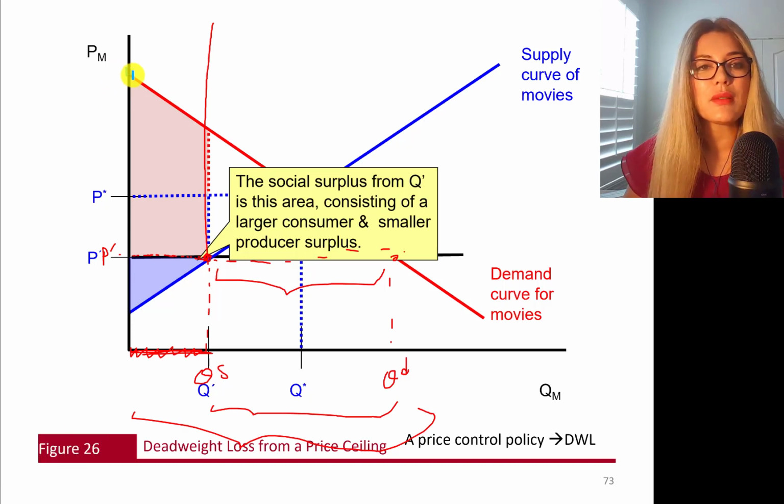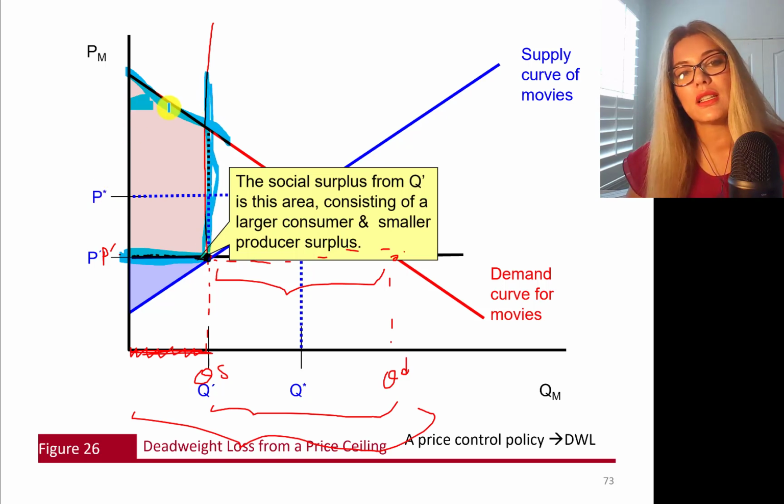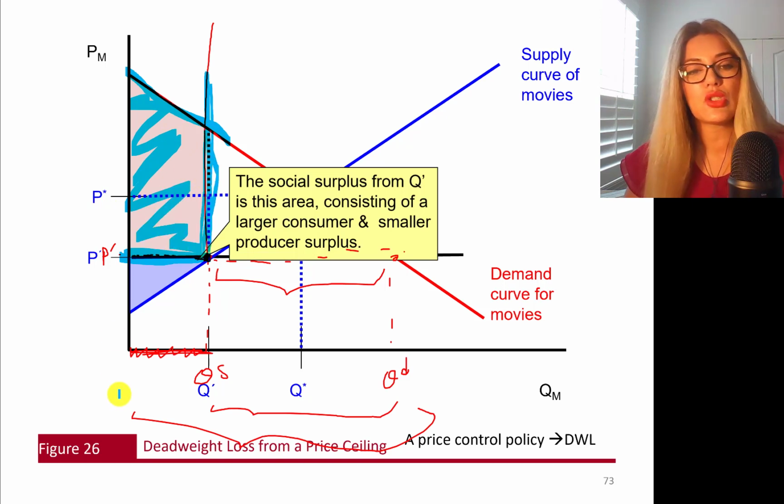Consumer surplus is the area below the demand curve, above the market price. Now my market price is this, limited by the quantity exchanged. The smaller of quantity demanded or quantity supplied will determine the quantity exchanged. So this weird looking trapezoid, this area will be consumer surplus.